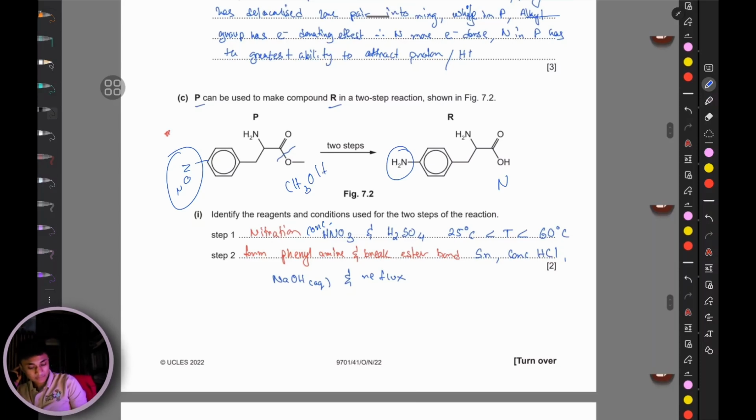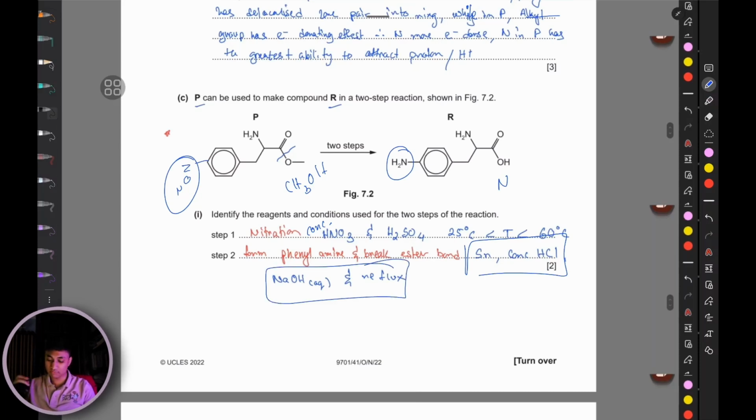So in step 2, you're going to form phenylamine plus you're going to break the ester bond. So this part, that is tin and concentrated HCl, is going to reduce your nitro group, and you're also going to add NaOH and reflux the structure such that you can break this ester bond.